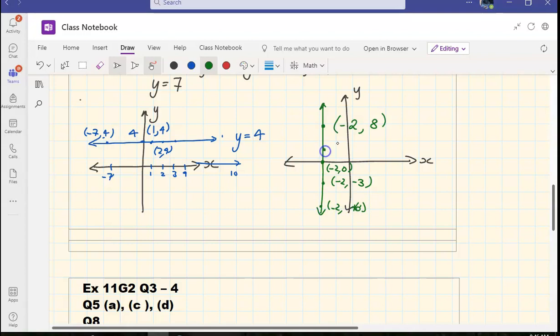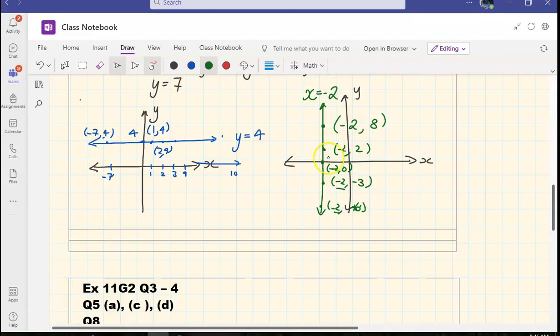This one here, minus 2, 2. But again, every point that is on that line, no matter what y is, x will always be minus 2. So that is the equation of that line.